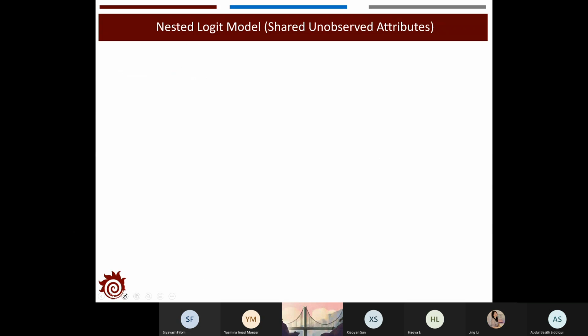And the next thing we need to learn is about how to build the structures for the nested logit model. So here are some rules for us to build the model. Assuming that we have two dimensions, the mode and destination, and we want to build a model for these two levels.